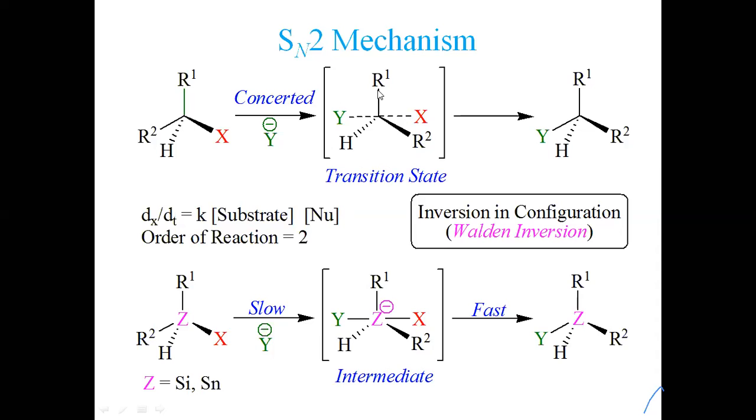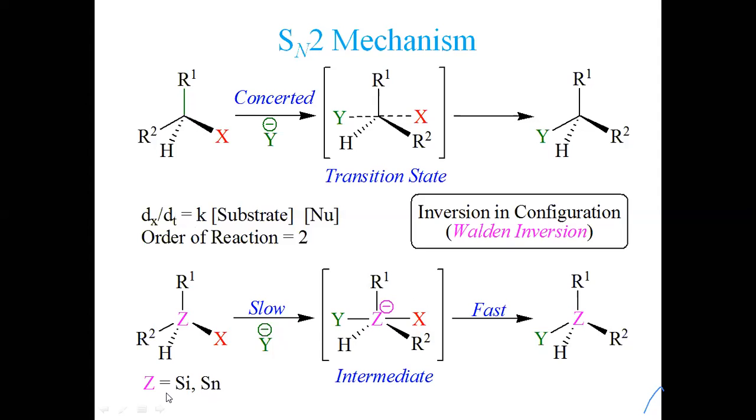So a transition state is something hypothetical and an intermediate is something that we call real. So if we are focusing on silicon and tin, they follow this mechanism because d orbitals are involved in them. So the nucleophile accommodates this electron pair in the d orbital in fact. So this is the difference in mechanism.